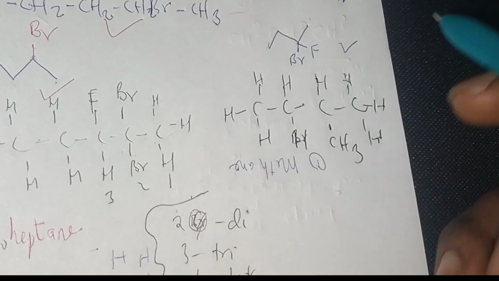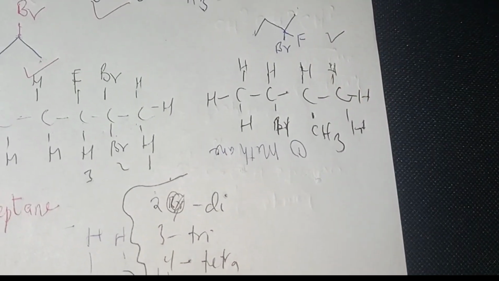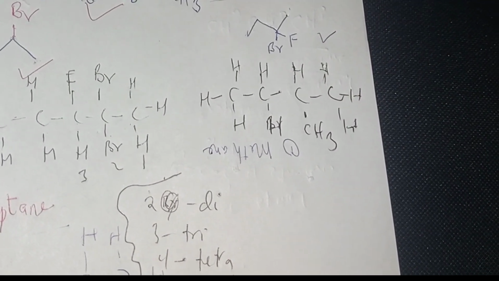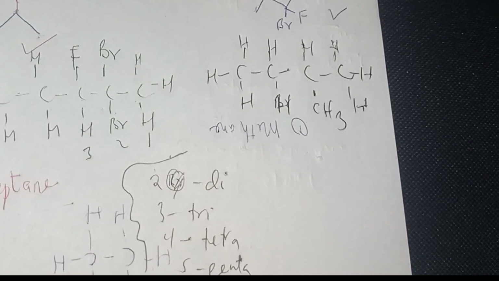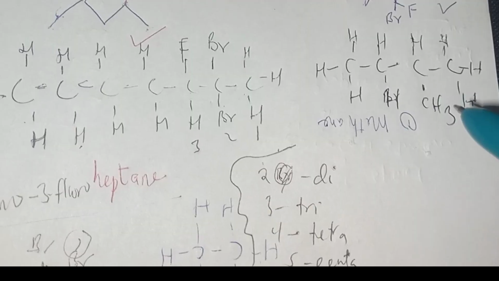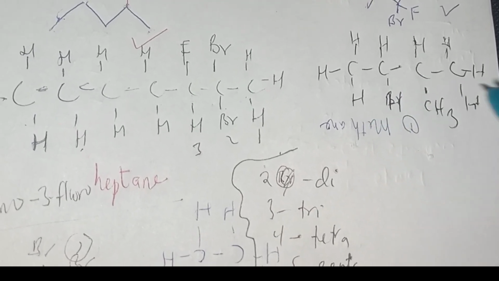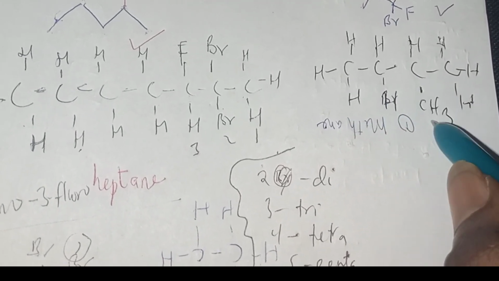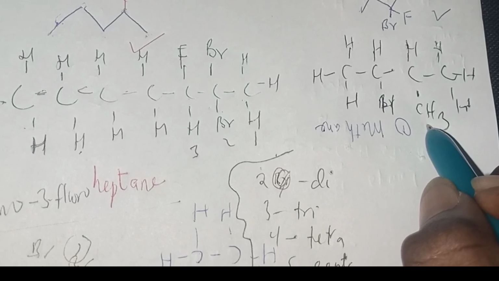Okay, so once again, the same old rules apply. What's the first thing that we are going to do? We are going to name the longest continuous carbon chain. So 1 2 3 4. That's one possible way of naming it.